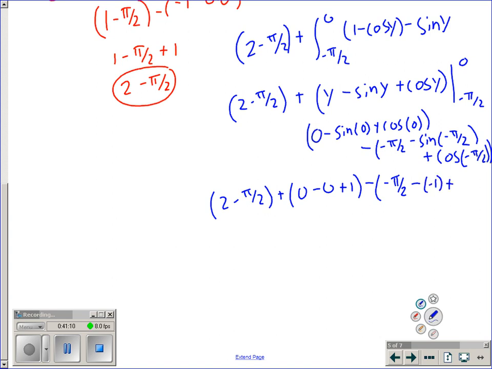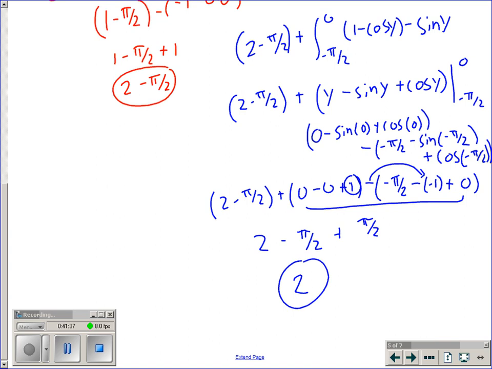And then plus the cosine of negative pi over 2 would just be 0. So what I'm seeing here is that 1 minus 1 goes to 0, and all of this becomes just positive pi over 2, and I have 2 minus pi over 2 plus that, so I'm left with just 2 as my final answer.